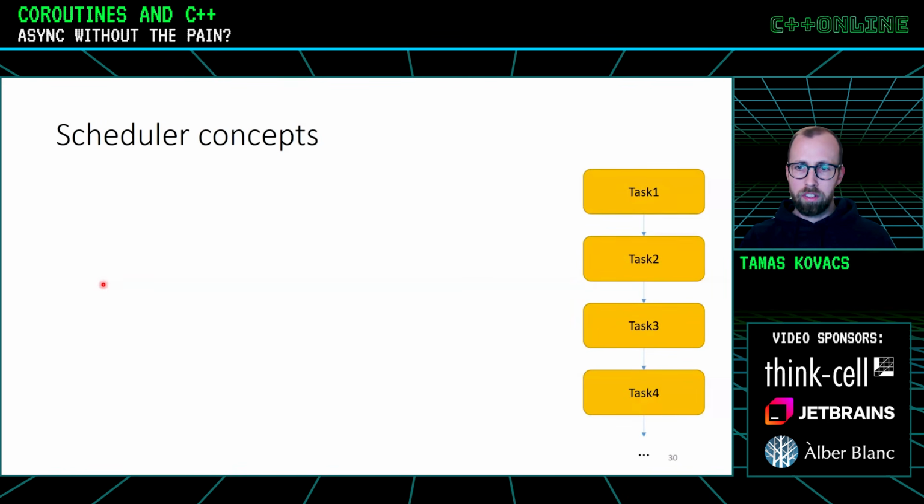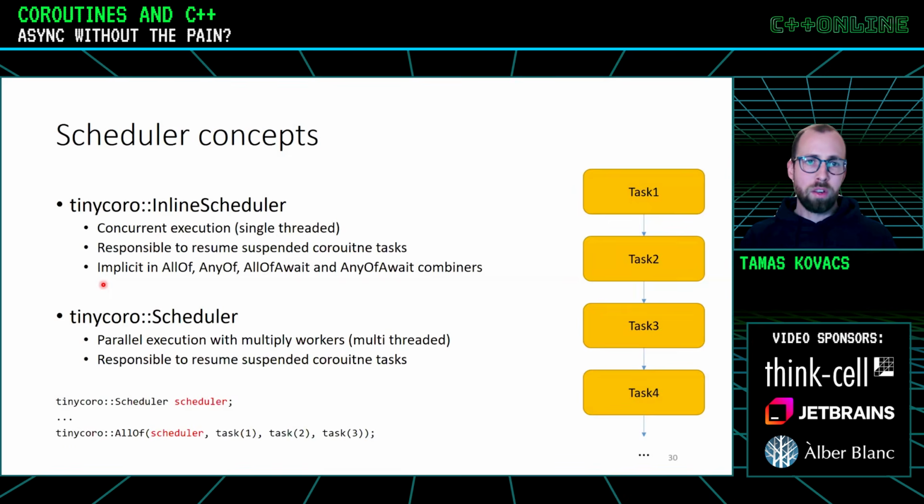The first one was the task, which describes what should run. Then we learned the awaitables, which describe when and how to suspend. And we have a scheduler, which decides when to run a task. In tinycoro, we have the inline scheduler, which gives us concurrent, single-threaded execution. And we have a tinycoro scheduler, which provides us parallel execution with multiple workers.